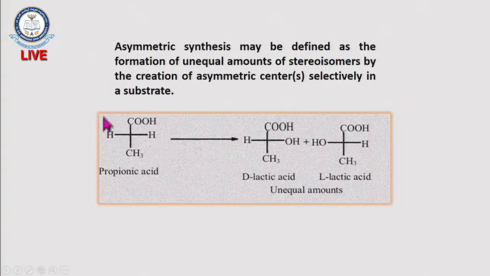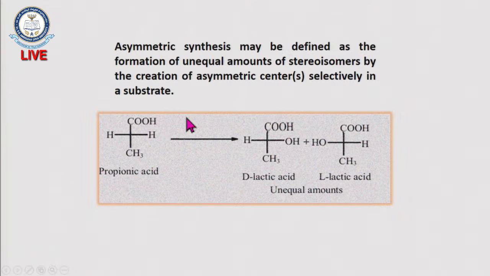So it is achiral in nature. What we do here is substitute, that is, replace one of the hydrogens with an external ligand. Then it becomes chiral, as all the groups are different. So it is chiral.